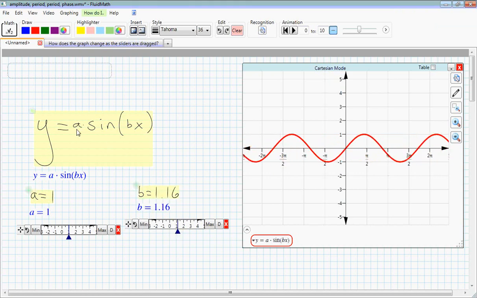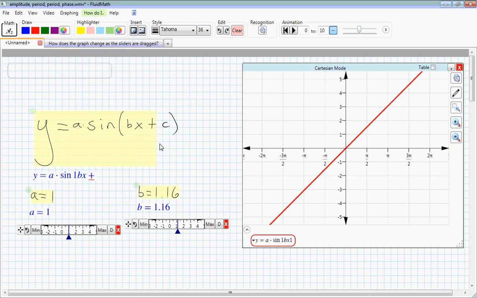Okay, so you can see we have this general form of an equation forming here. Y equals a, some parameter, times the sine of b, another parameter, times x. Let's add to this again. We'll scribble out the parenthesis here and write plus c. Save this new math.